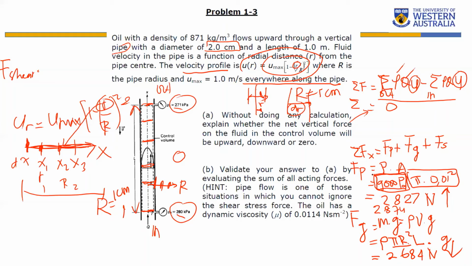Because the radius is 1 centimeter, right? Not 2 centimeter. Yeah. 9,000 times 3.14 times 0.01 squared, right?